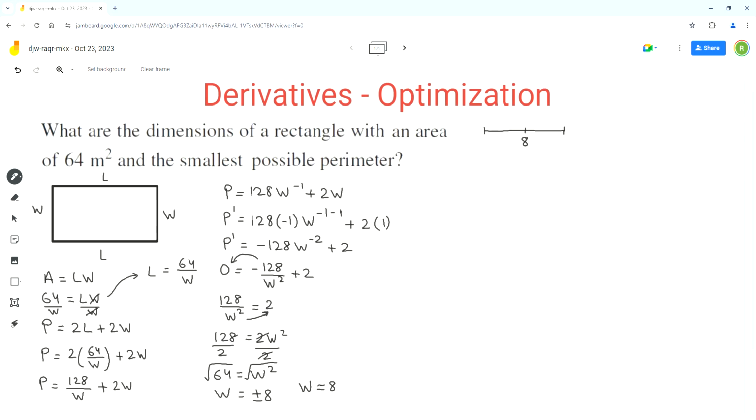So we'll have to use a test value. On the left side, we can use the test value 7.5. On the right side, we can use the test value 8.5. So we should sub in these test values in the derivative of the perimeter function. So I'll write the derivative equation.